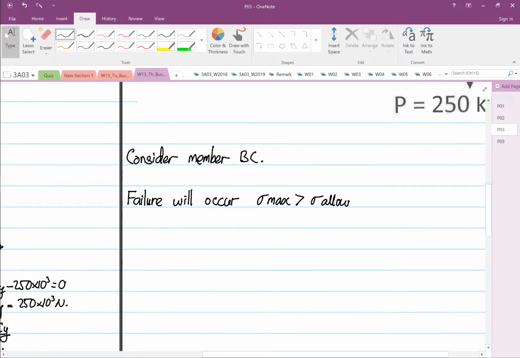So stress max for member BC is equal to 333.33 times 10 to the power 3, divided by the area, which is 10 times 10 to the power minus 3. So this is equal to 33.333 times 10 to the power 6 Pascal.